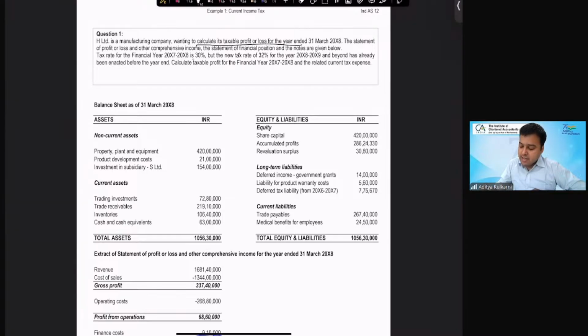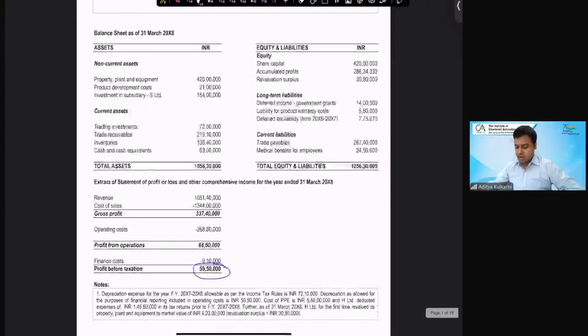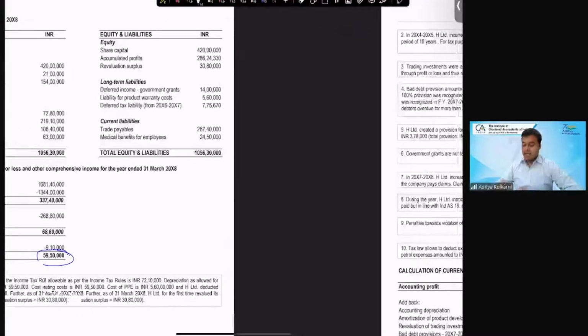The new tax rate of 32% for the year 8-9 and beyond has already been enacted before the year end. Calculate taxable profit for the financial year 7-8 as well as the related current tax expense.